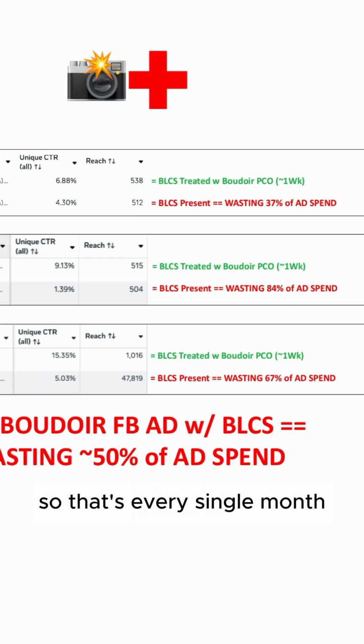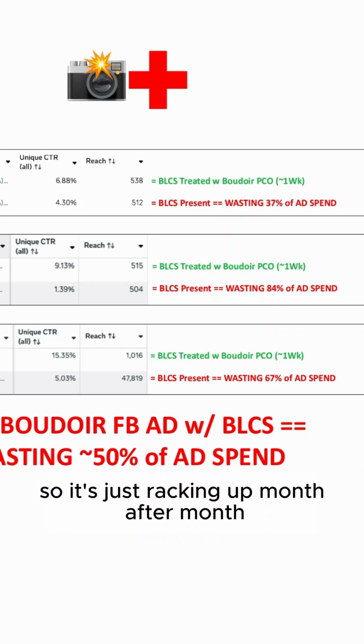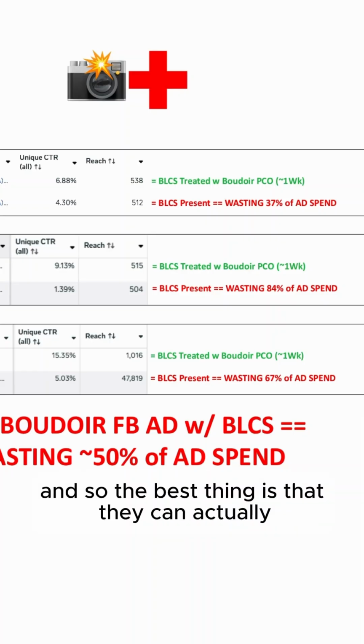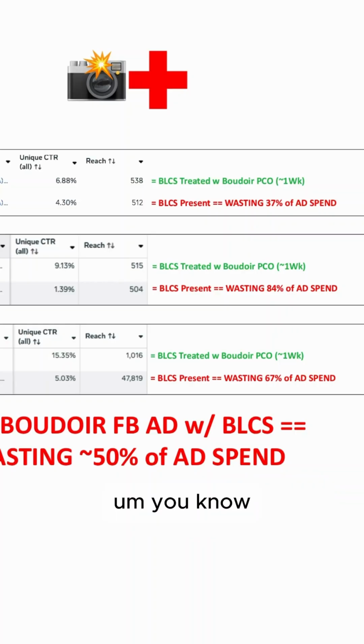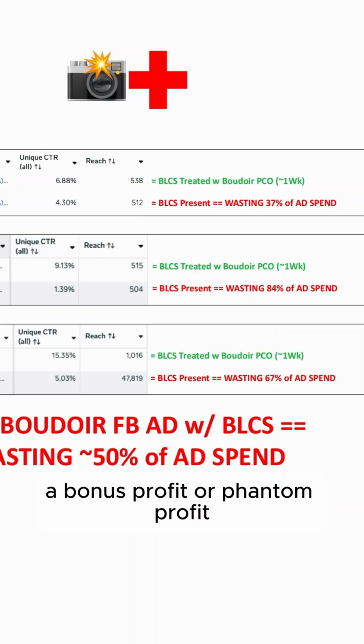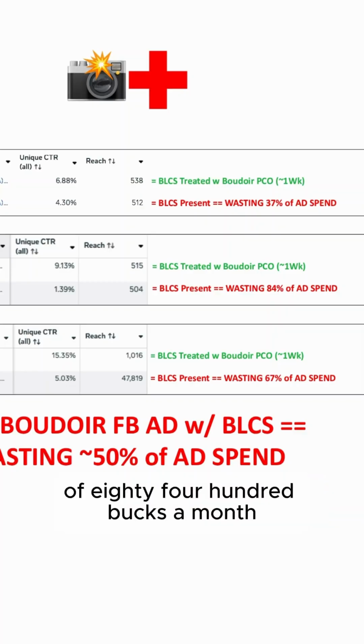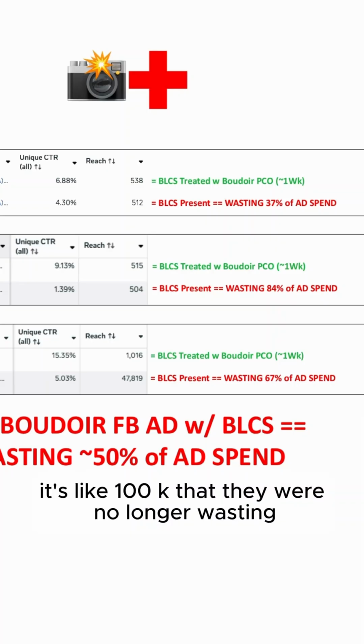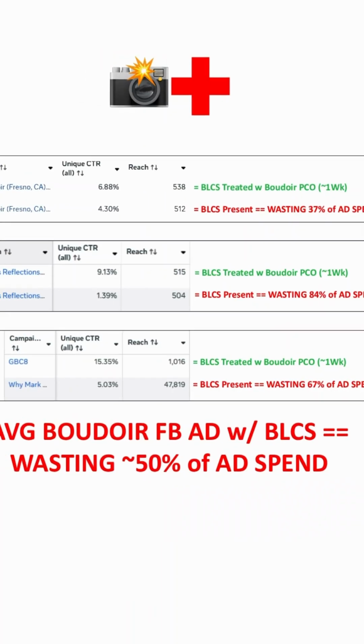So that's every single month. It's just racking up month after month after month. The best thing is that they can get a boudoir Pico bonus profit or phantom profit of 8,400 bucks a month, every single month. And at the end of the year, that's like 100K that they were no longer wasting with their boudoir Facebook ads.